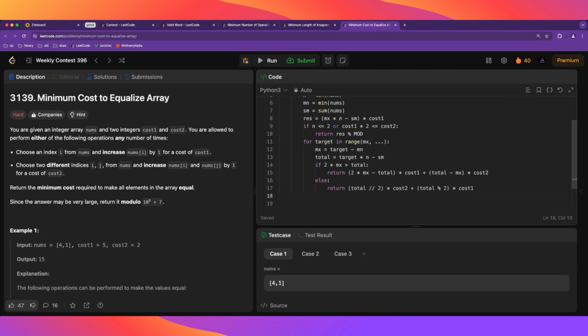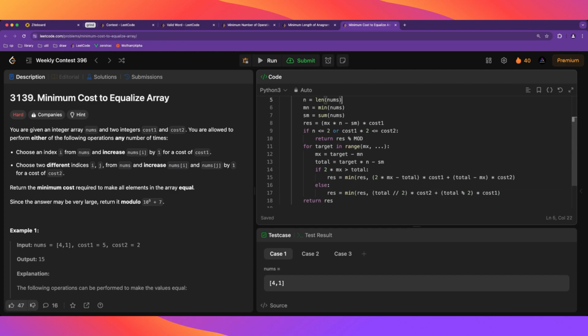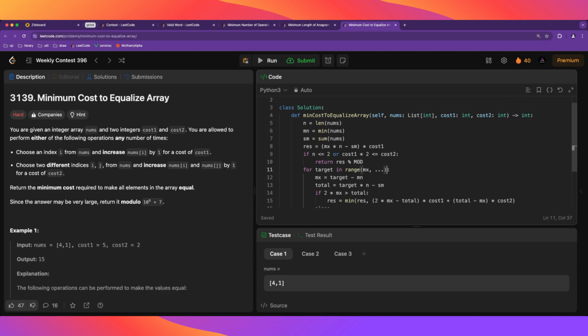So these are the 2 cases. So here we want the minimum of this, or the minimum of this, right?